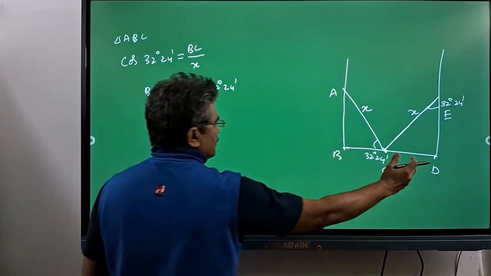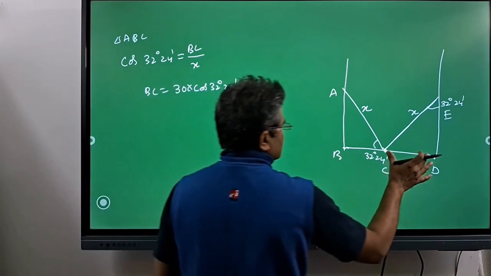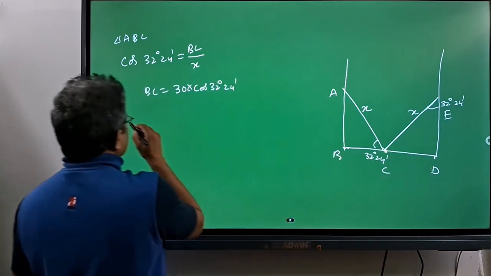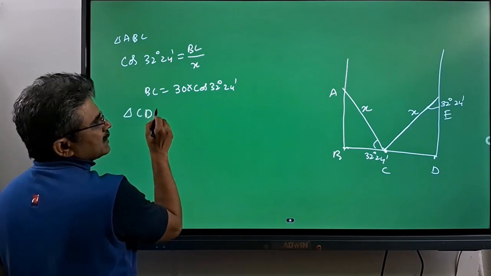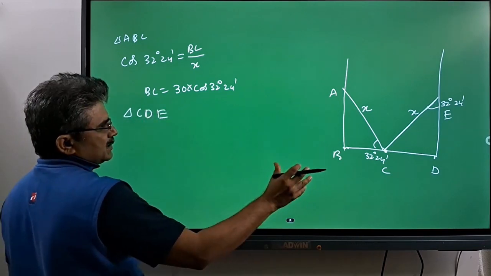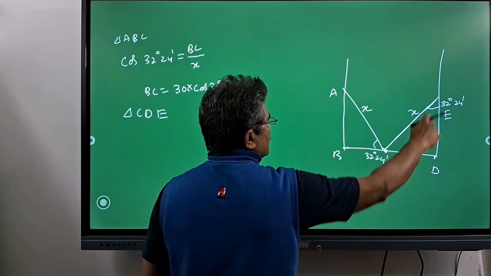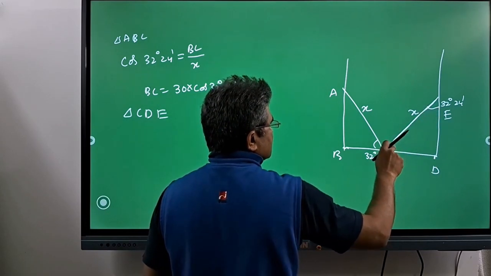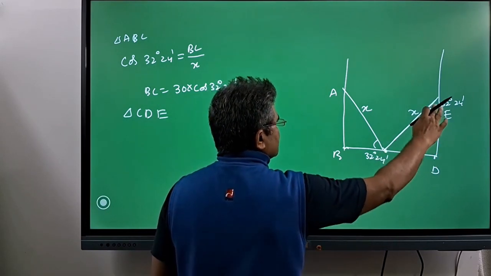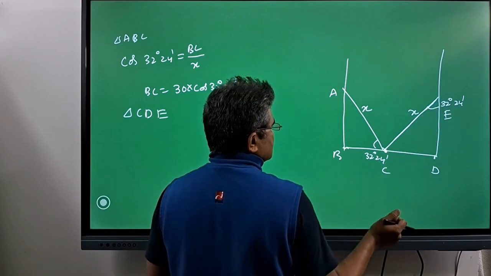Now consider CD, we need CD. In the triangle CDE, if you want CD, which is opposite to the angle, we are not considering this angle, we are considering this angle. For this angle, CD is the opposite side.